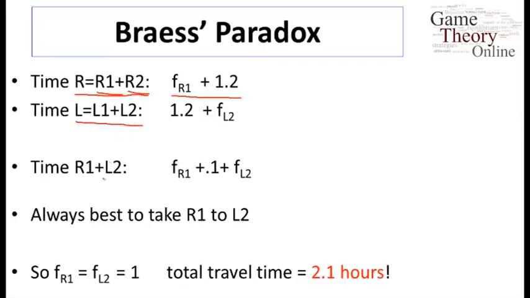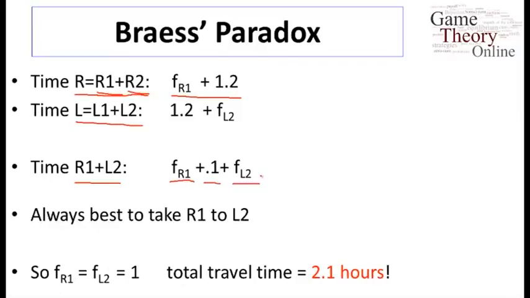As far as snaking around goes, well, you incur the first variable delay of going down the upper right, then the very low delay of 0.1 of going across, and then again the variable delay of going down the bottom left.